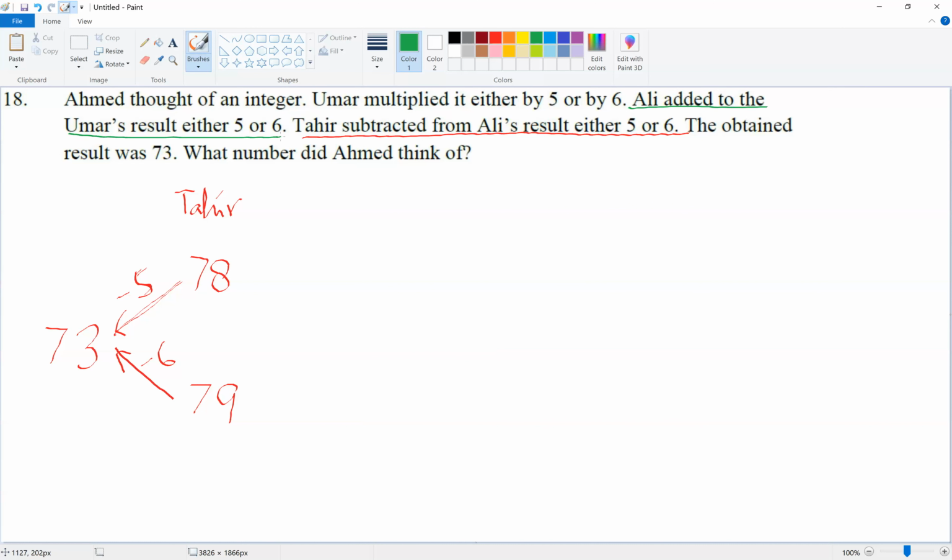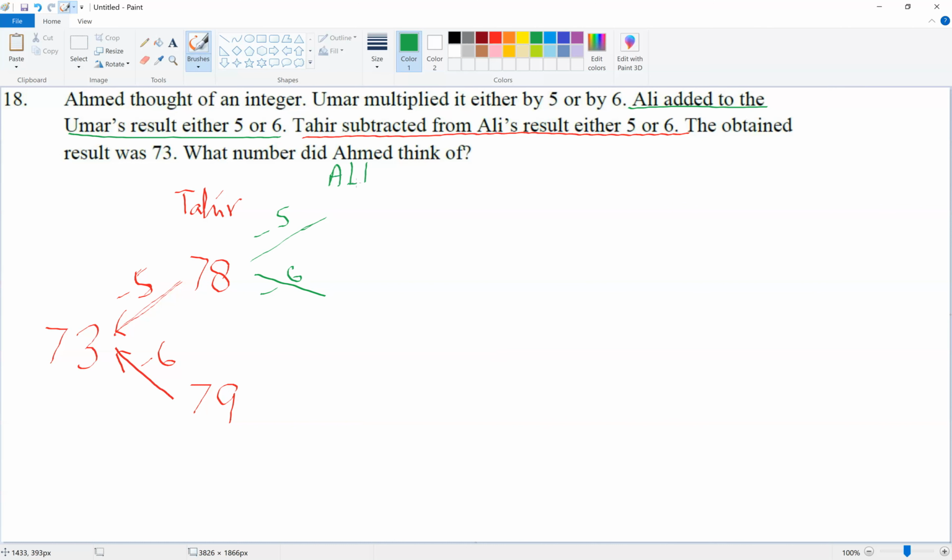And then it said Ali added 5 or 6 to Umar's result. So I did subtraction since I'm going the other way around, by 6 and 5. So what was Ali's number?